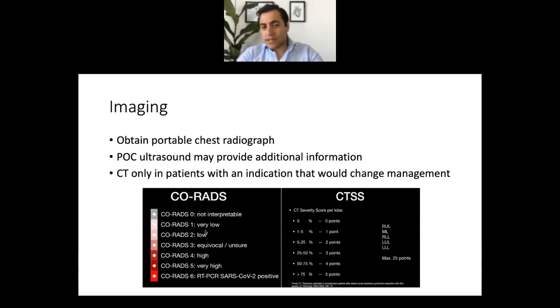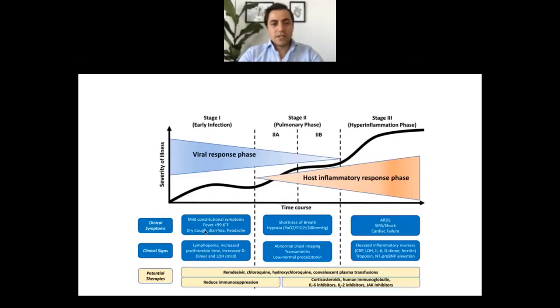You should only do a CT scan if it will change your management and if it's available, of course. And if you do a CT scan, you can divide the patients according to the CO-RADS score, which you can see here below.